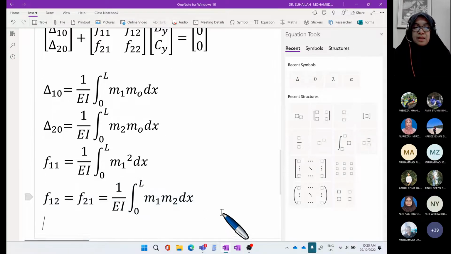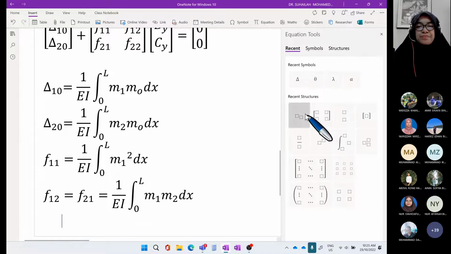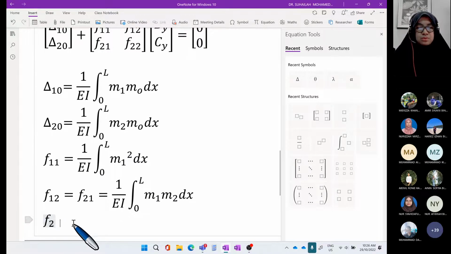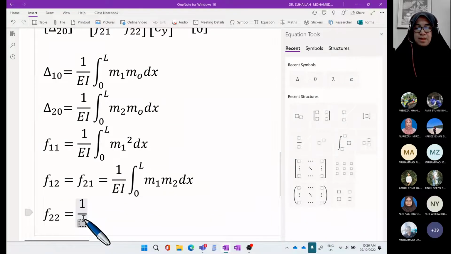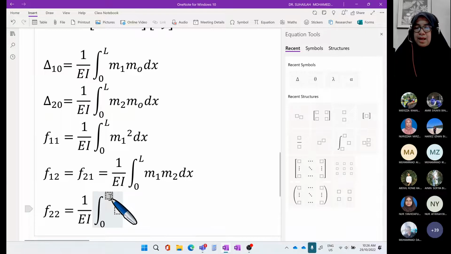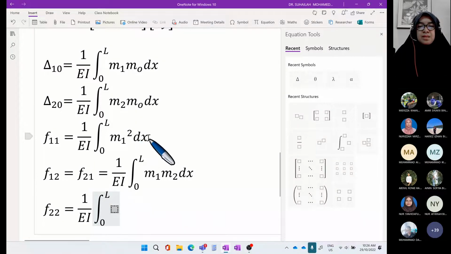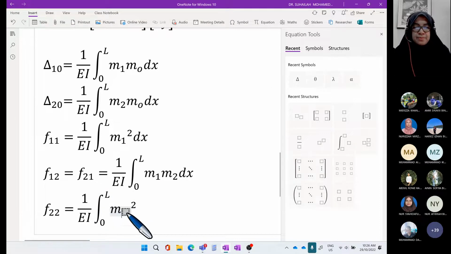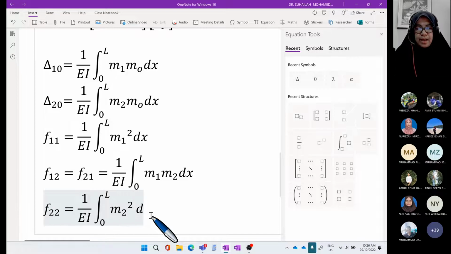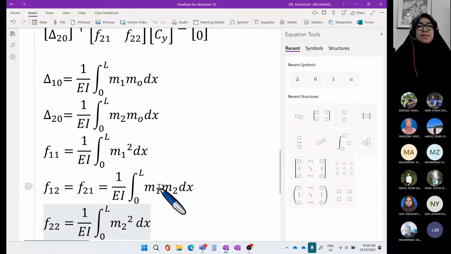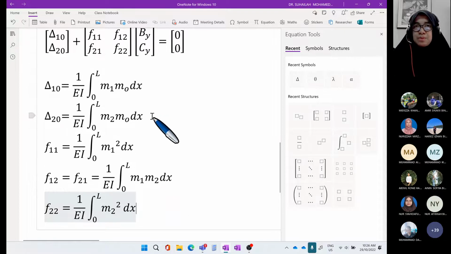And lastly is F22, equal to 1 over EI integrate from 0 to L of M2 squared dx.